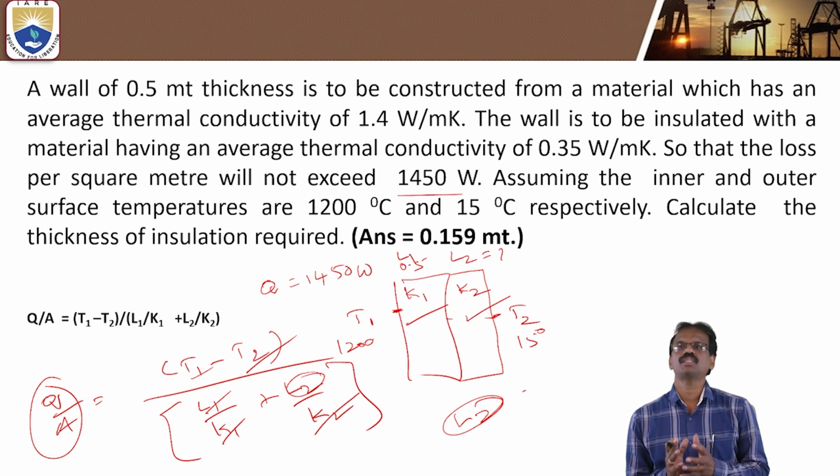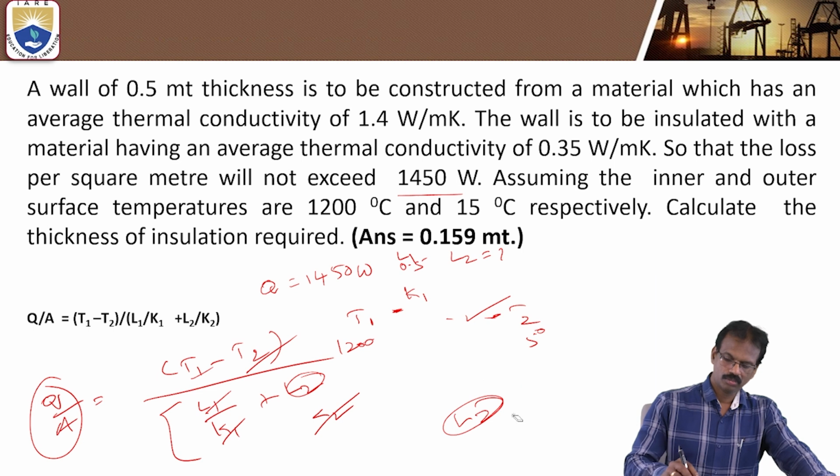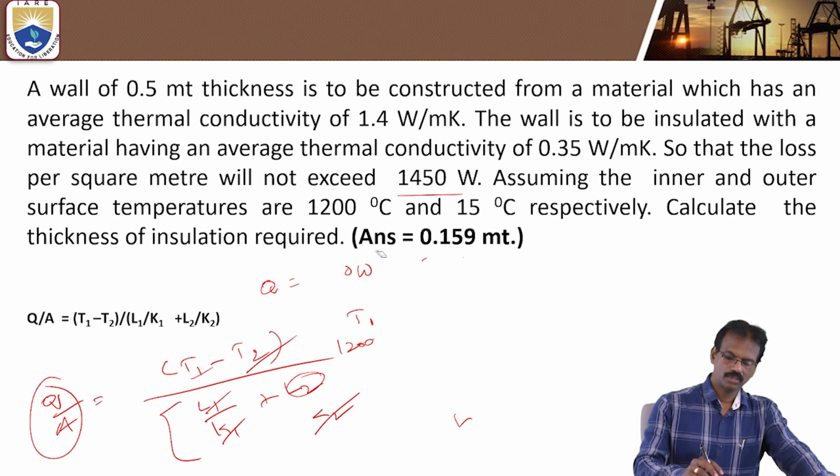It means composite slabs and composite cylinders. Okay, so these are the numericals. You can solve different numericals which are based upon this one.